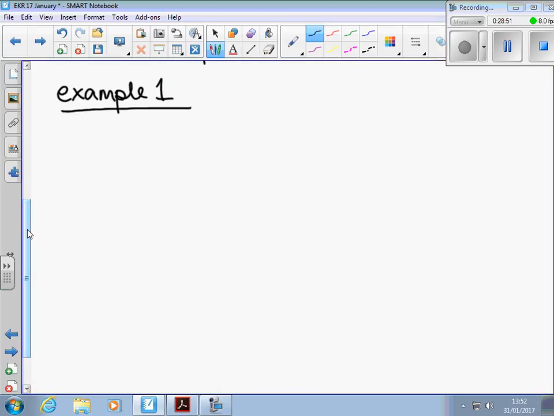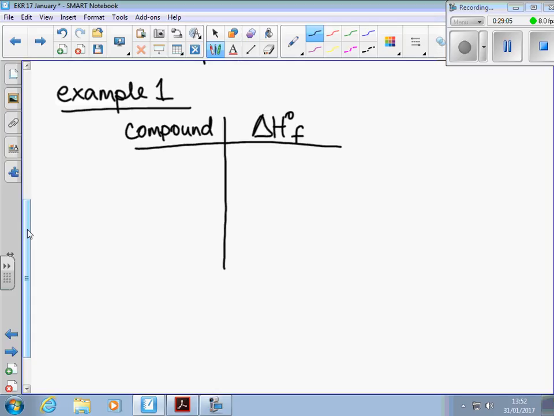Now, if we look at some example compounds and the enthalpy of formation, I'm just using ones that I've got written in my notes, so I'm not referring to the data book for this. These were an example in a textbook.